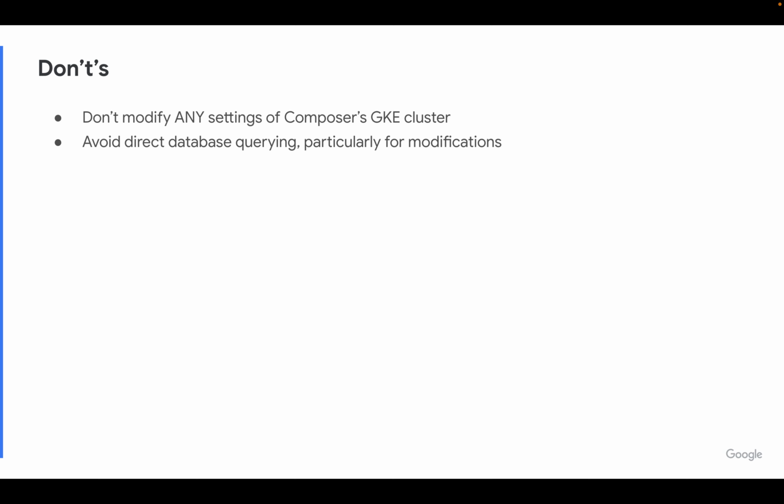And if you need to, for example, mark a specific task as completed, you can always do those through one of those supported API layers rather than interacting directly with the database. The reason I'm calling it out is that's another item that, if done improperly, could cause stability issues or actually make the entire environment unusable. So again, please try avoiding that and, if you're using it, switch to using proper API layers of Airflow.